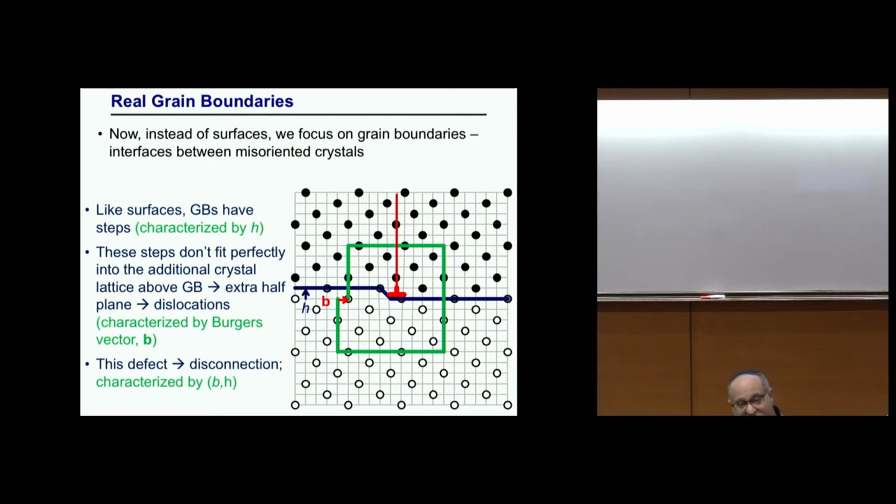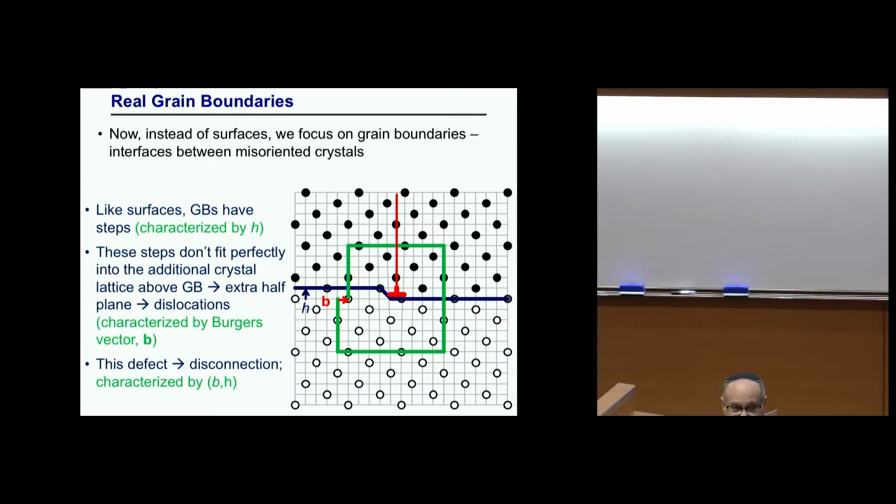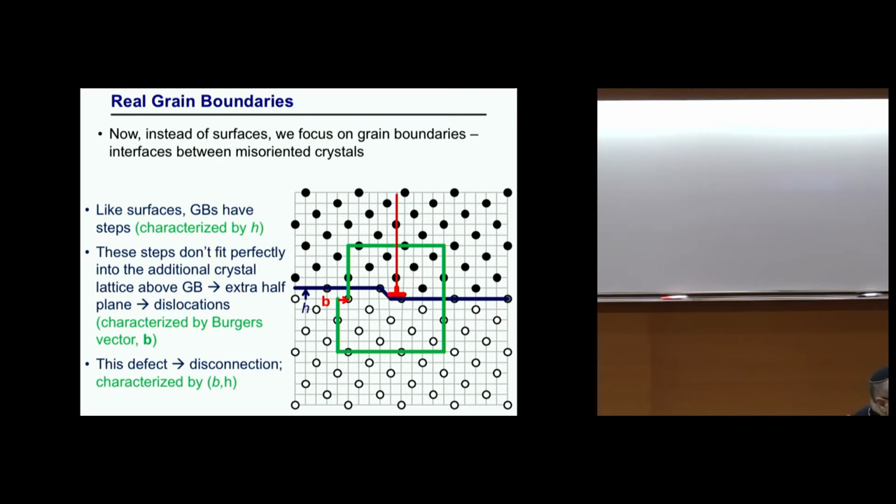So the point is, in grain boundaries, not only do I have steps to worry about, but I also have dislocations to worry about. And those 2 things together, this defect, which has both step character and dislocation character, is called a disconnection. Okay? It's a line defect that lies along the grain boundary, just like steps lie along the surface.